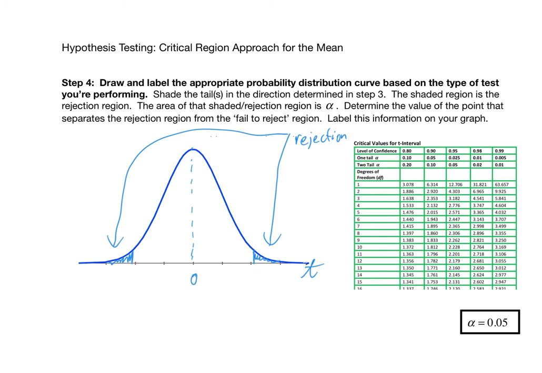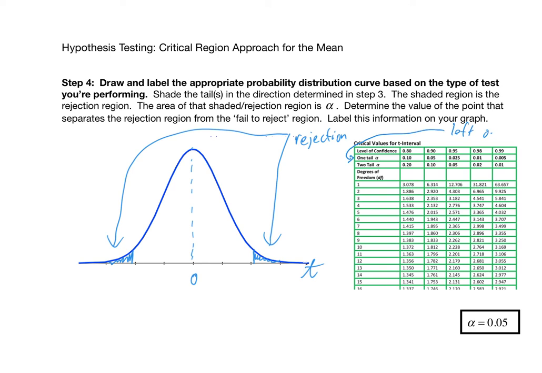We need to get these critical t-values from the t-distribution table. When we last used this, the column that we were in was determined by the level of confidence. Now, it's going to be determined by the tail and by the level of significance alpha. If you were doing a one-tailed test, this could be left or right.